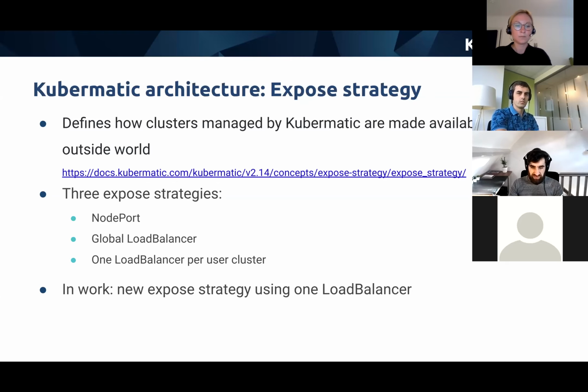Typically the worker nodes of a user cluster may be running on Microsoft Azure, and you have your seed running on AWS. So obviously you want some security, and you want to be able, from the networking point of view, to reach those API servers.